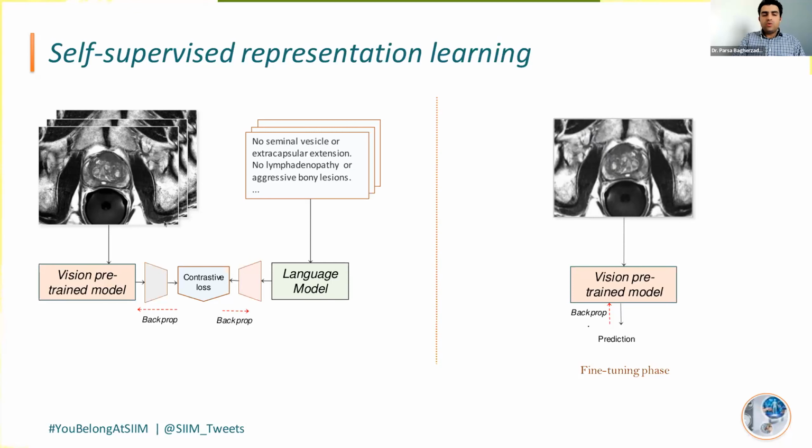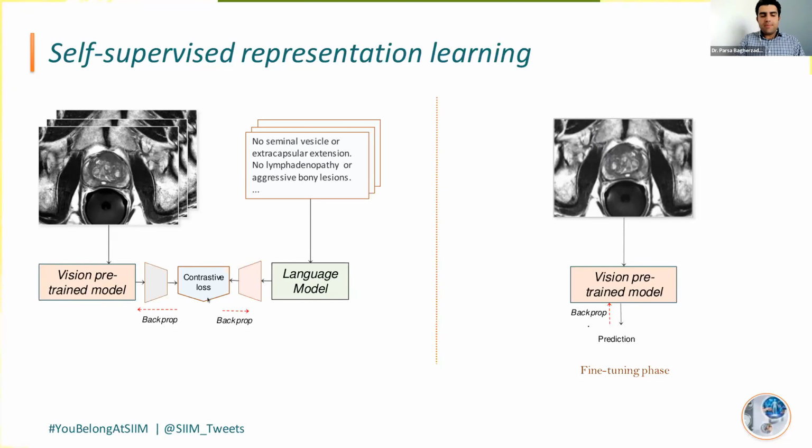So we want to use these textual reports to actually refine and enhance the representations provided by this vision model. We project the representation provided by this into an arbitrary space. We give the textual input to a language model. Again, we have a representation, and we are projecting this to the same space.